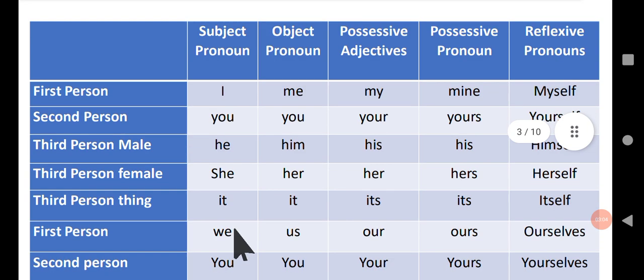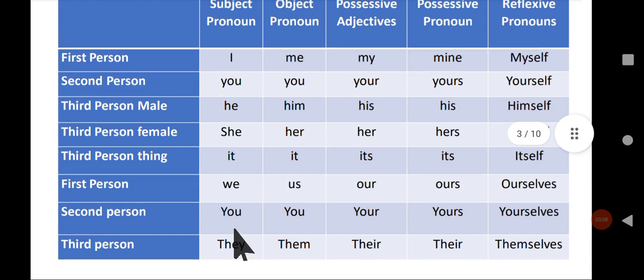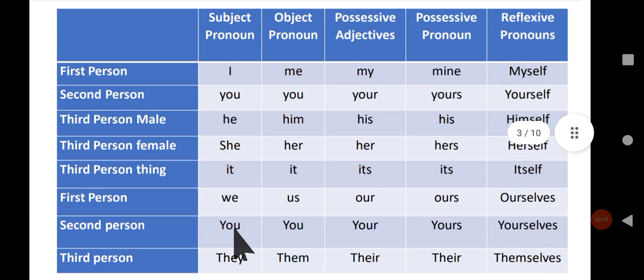Now I want you all to focus well on this table given here on the screen. This is the classification of all the pronouns. These are all called the personal pronouns which you can see on the screen. Other than this, there are also some other pronouns, so let us first go through these personal pronouns.